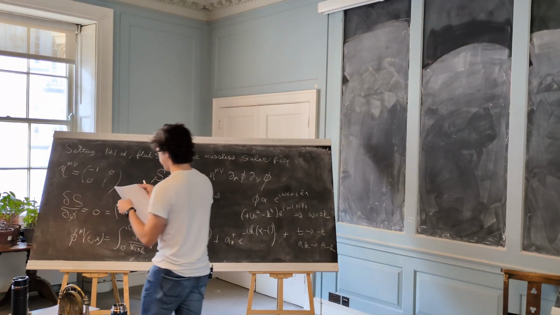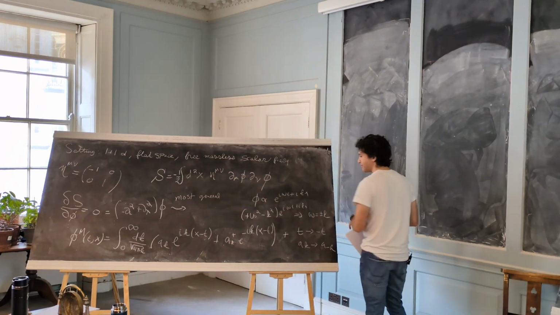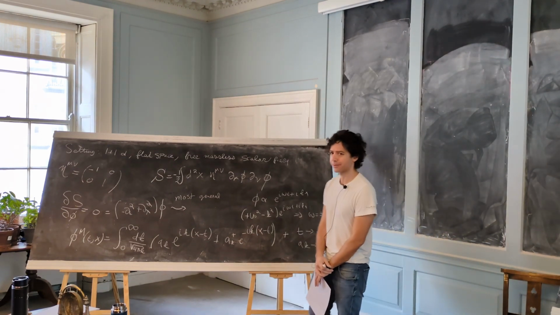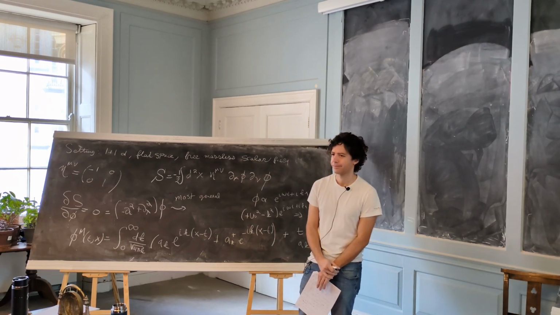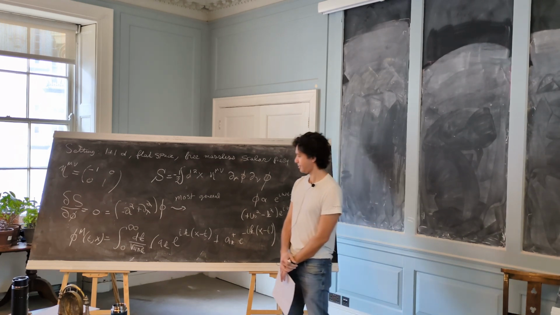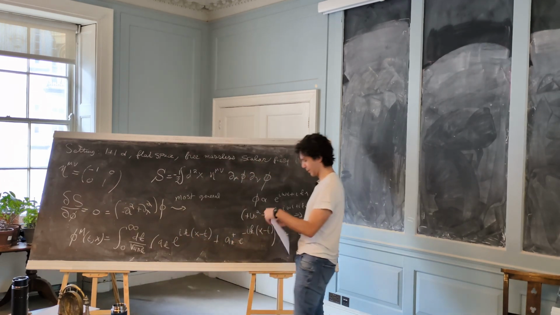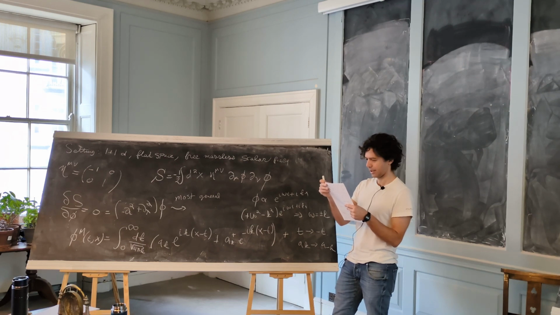So, how do I quantize a system like this? What is the first step that we do in canonical quantization? Can anybody tell me? Very good. All of those answers are correct.